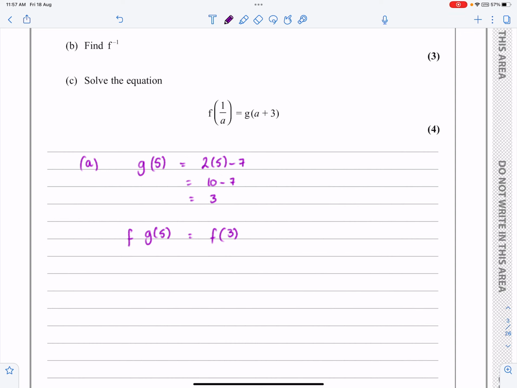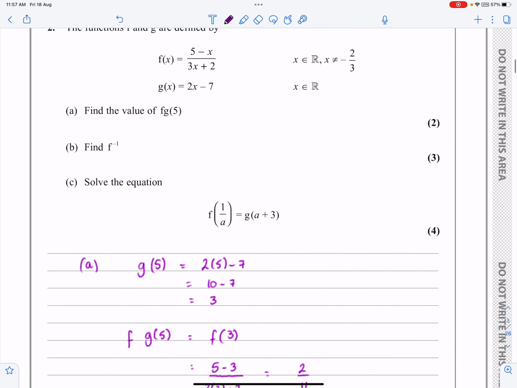So that means just putting 3 into f. So we've got 5 minus 3 over 3 lots of 3 plus 2, and that gives us 2 over 11. 2 over 11 there. That's the answer to the first part.